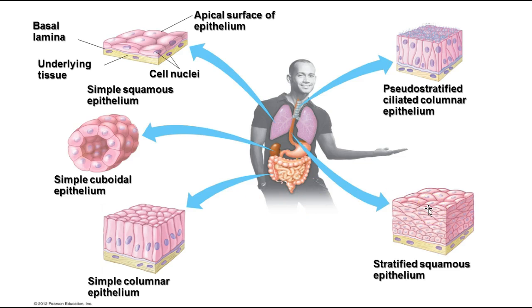Stratified squamous epithelium is a bunch of layers of epithelial cells, and so, like I said, in the lining of the esophagus, you have lots of layers because there's a lot of erosion of that tissue. And then finally, pseudostratified ciliated columnar epithelium, found in the lungs and other places like that, where you have long, tall, skinny cells of varying widths, and they look like layers, but they're not really layers, and they have cilia in the top layer.